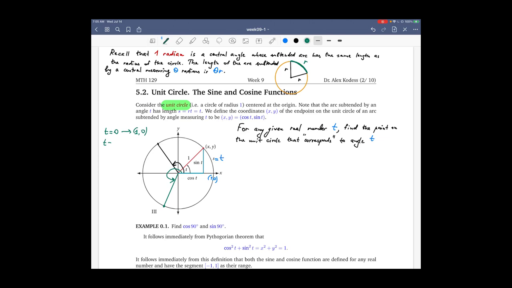But if t is 2 pi, you also get to that point. Likewise, if t is negative 2 pi, you still get the same point, and so on. If t is pi over 2, you get the point with coordinates 0, 1.